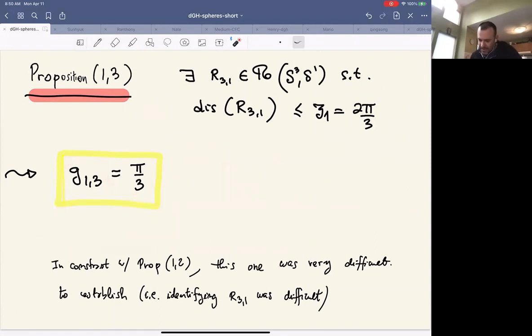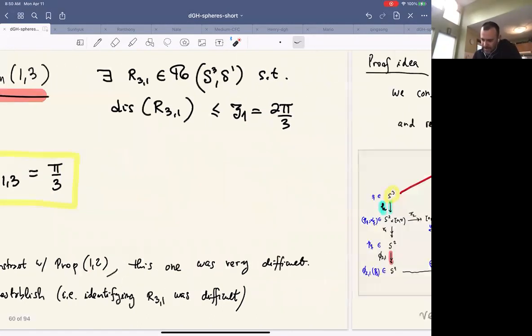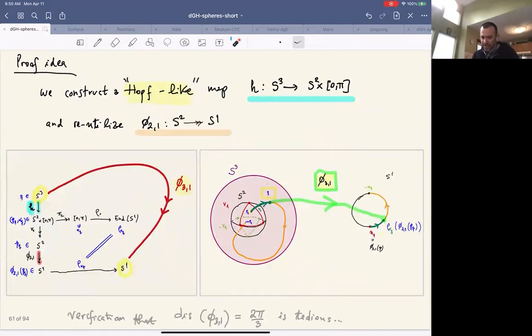And how did we prove the equality? Well, we constructed a correspondence between S1 and S3 with distortion zeta1. In contrast to the optimal correspondence we constructed between S1 and S2, this one was very difficult to find. The construction is partially motivated by the Hopf map.